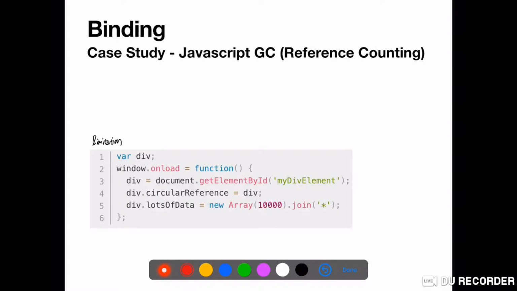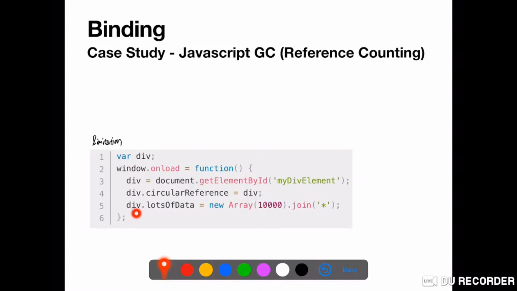So this is an example where you create a DOM first, and then you have a member value of the DOM referencing itself, so that as long as this circular reference is not broken up, the reference counting GC can never garbage collect this div.